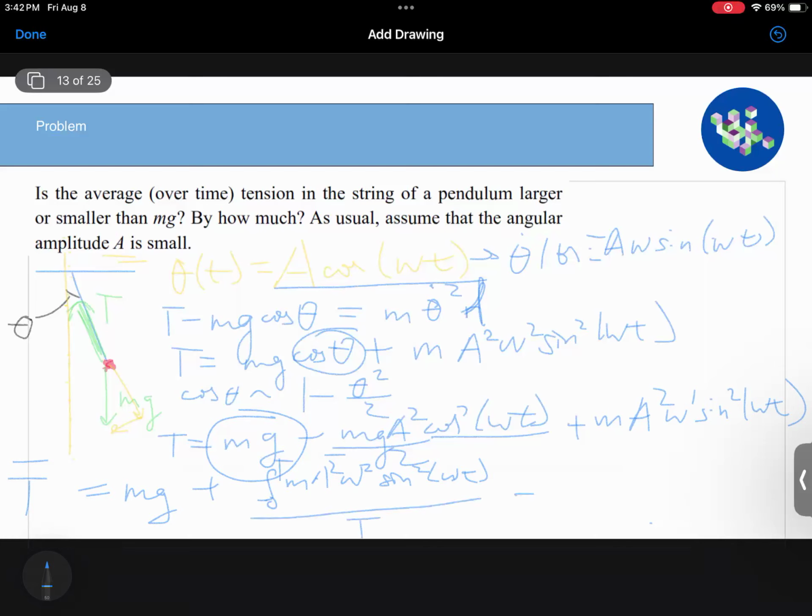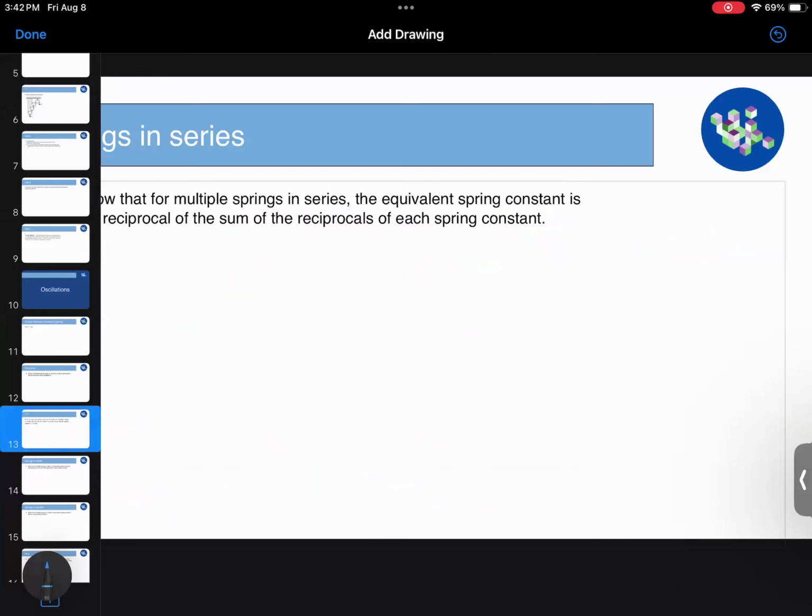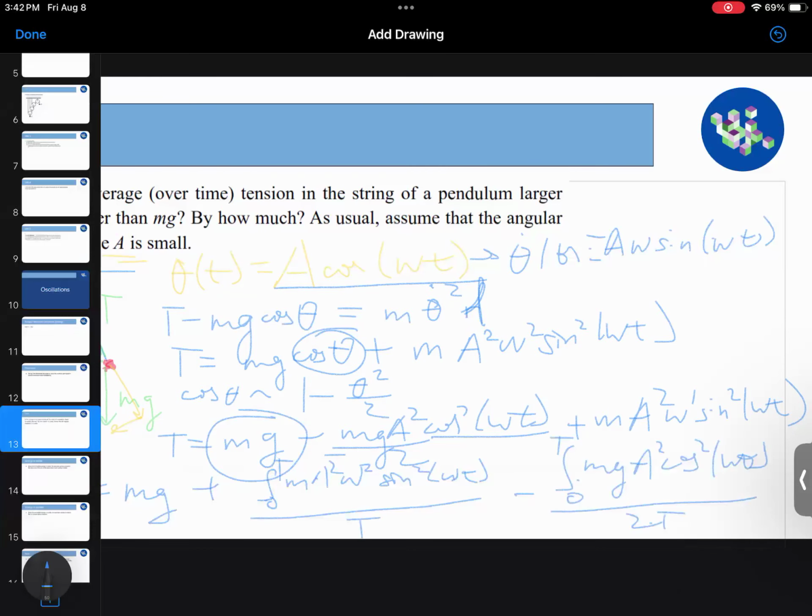And then minus the integral again from 0 to T of mg a squared cosine squared omega t, and then divided by 2T, right? Because I have a 2 on the denominator, but we're running out of space here.